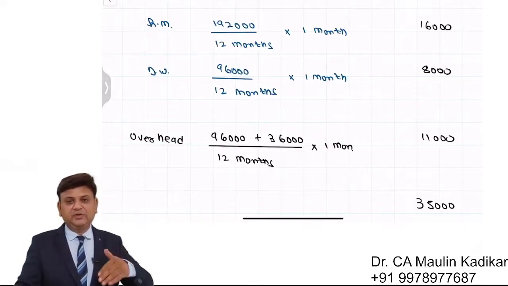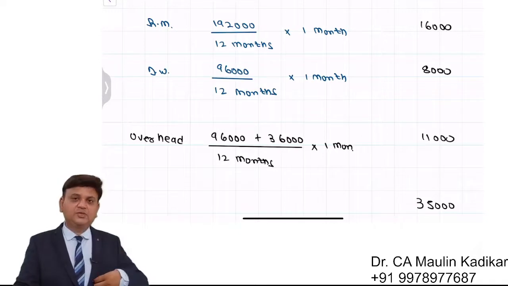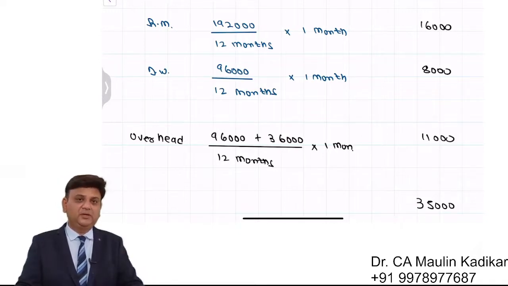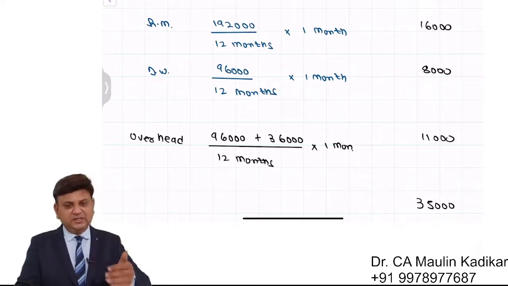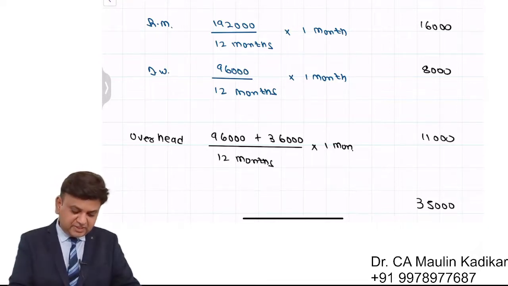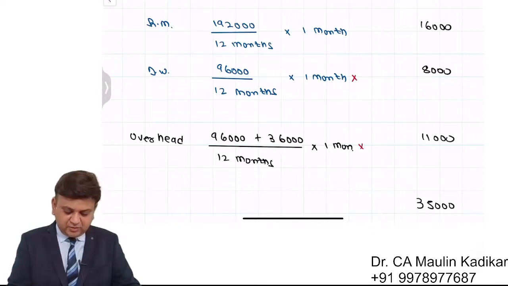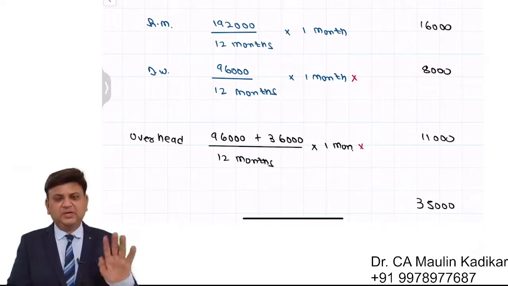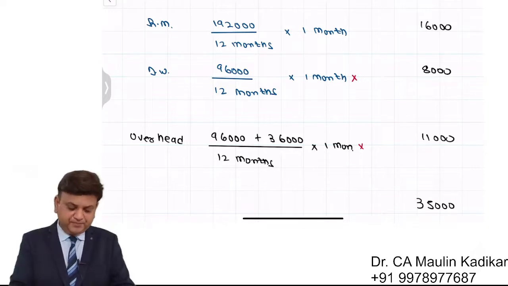If you assume 20% for the wages, then you have to assume the same 20% for overhead. If 60% for wages, then 60% for overhead. Whatever assumption you make for the direct wages, the same assumption is required for overhead. For material, you can have your independent assumption.